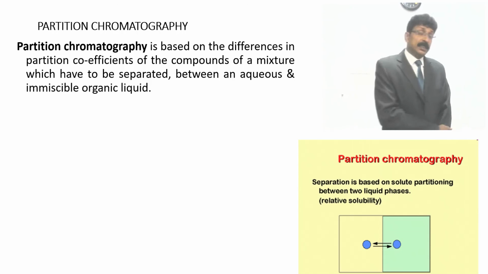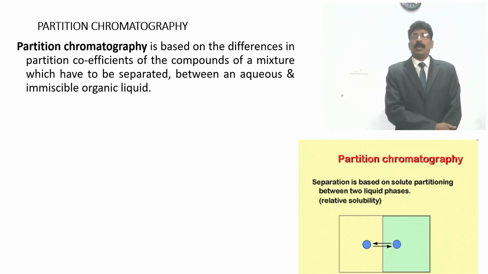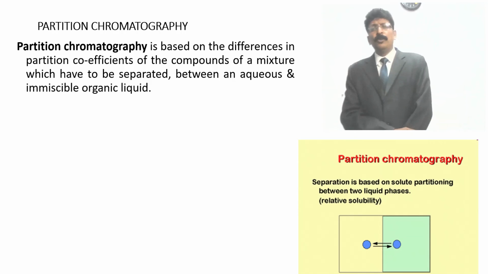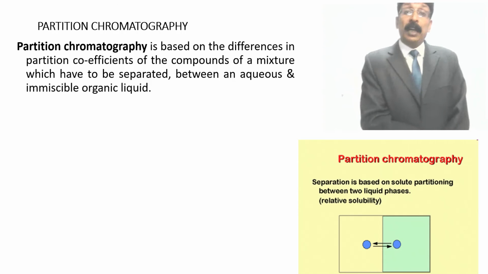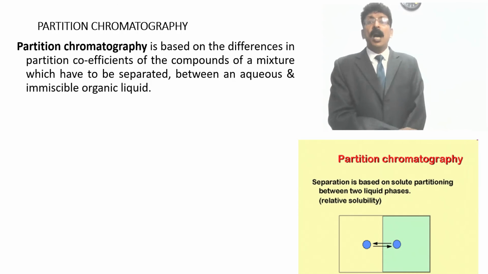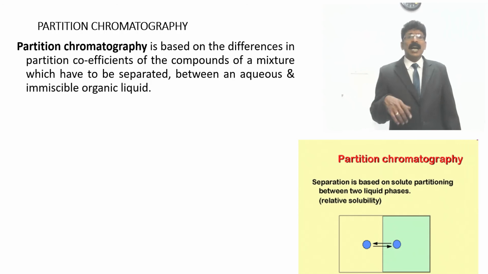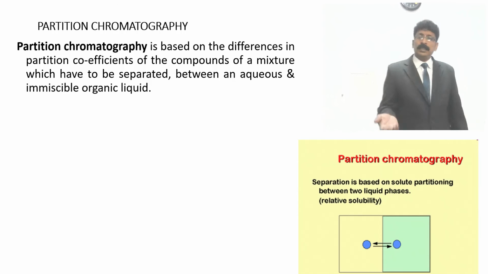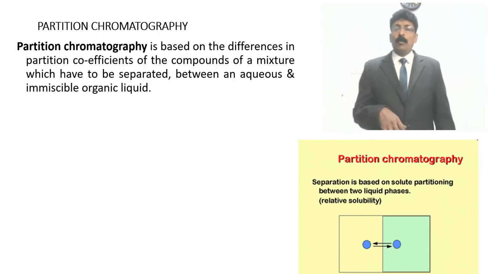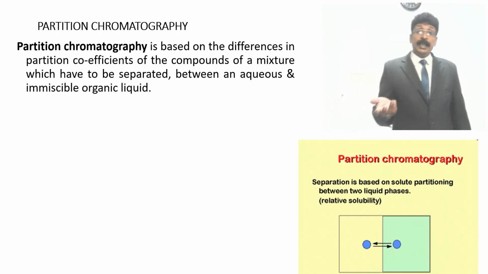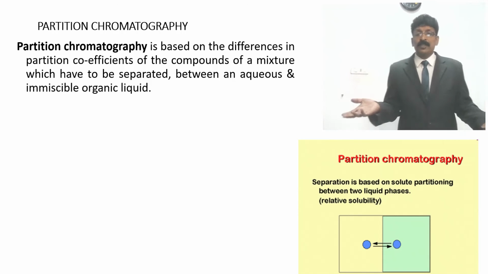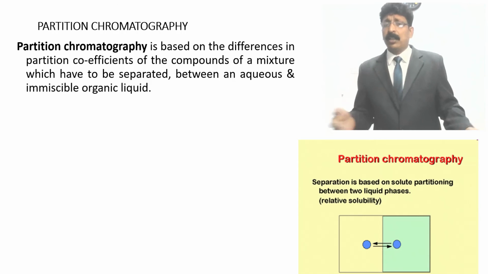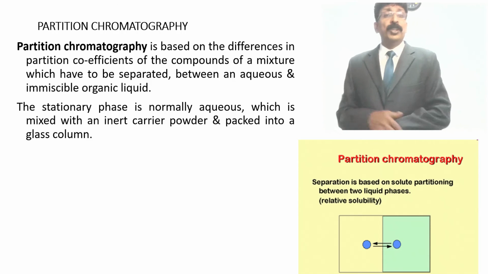Partition means the distribution or solubility of a solute between two immiscible liquids. The partition coefficient is that of a compound of a mixture which has separated between an aqueous and an immiscible organic solvent. It is very common. For example, lipophilic or hydrophilic compounds are immiscible, so we can say organic and aqueous solutions can be used.